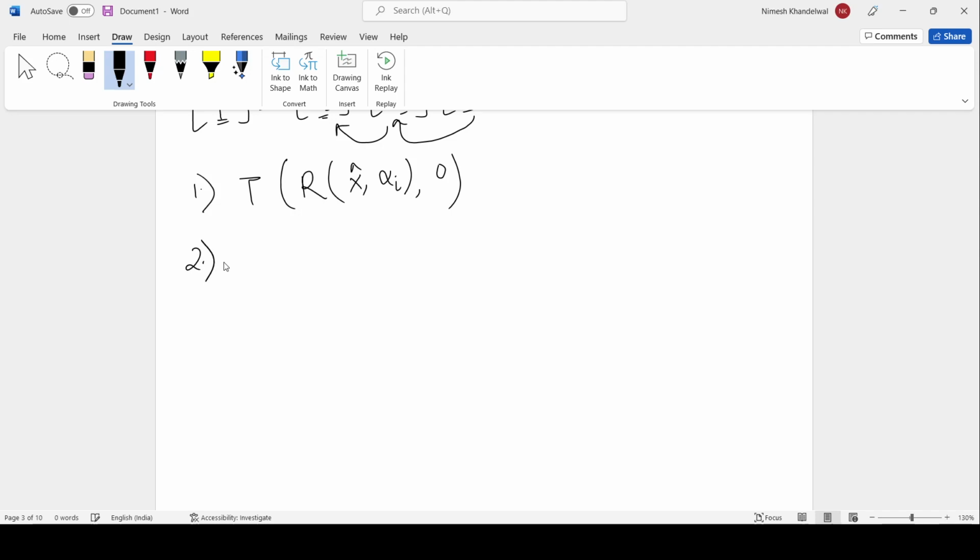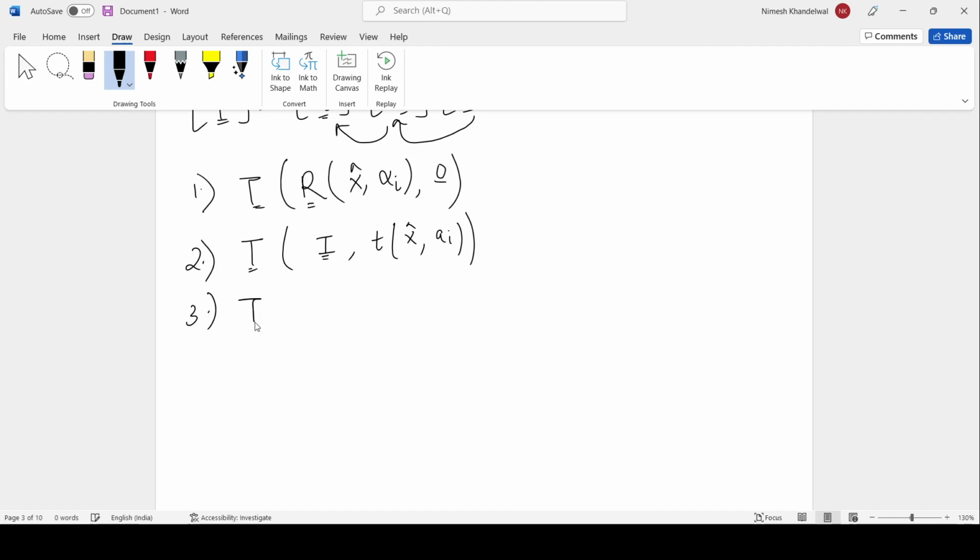Now the second is no rotation, it means an identity matrix, but now there is a translation about the x-axis by distance AI.